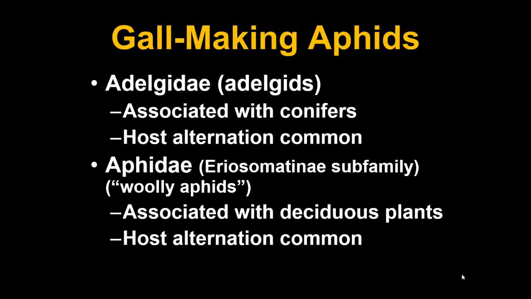They feed on a conifer, and they might feed on another conifer, but produce galls on only one of those two hosts. And there is a small group within the true aphids, and the true aphids is a huge group, but a small group in the subfamily Erythematidae, which are some of the woolly aphids that are found on deciduous plants, also alternate between hosts, but will make a gall on one of the hosts and not the other.